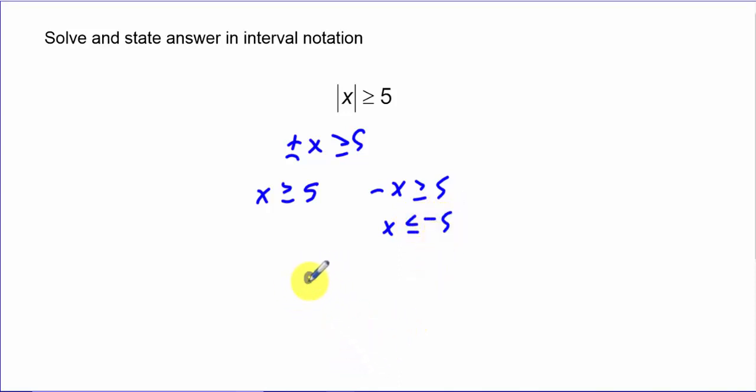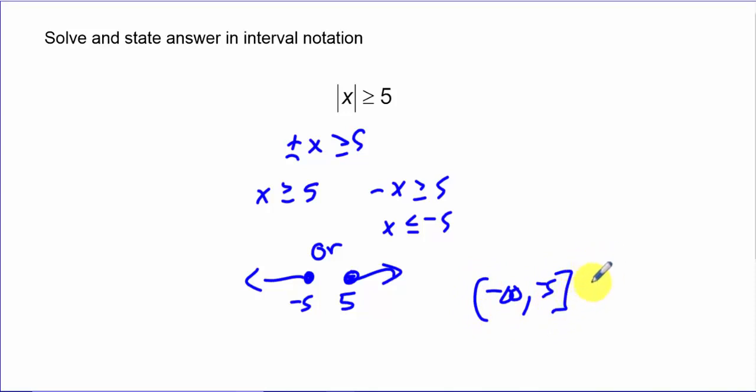Here's negative 5 going to the left, and positive 5 going to the right. Notice this is separated, looks more like an OR problem, and it is an OR problem. Any of the values in this graph are going to satisfy that problem. So when I state the answer in interval notation, I've got negative infinity to negative 5 with a bracket, and 5 to infinity with a bracket.